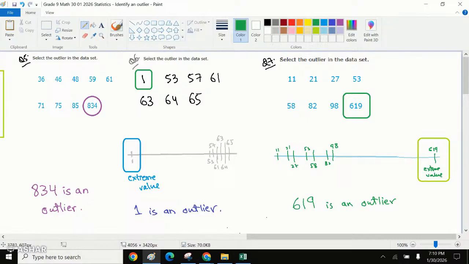Agreed? Any questions up to now? Okay. If we don't have questions, let's move on to the next one. We are only trying to find the extreme values over here. Any values that does not follow the pattern would be an extreme value.